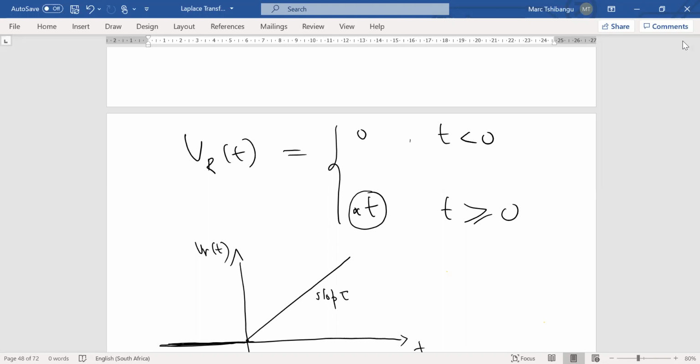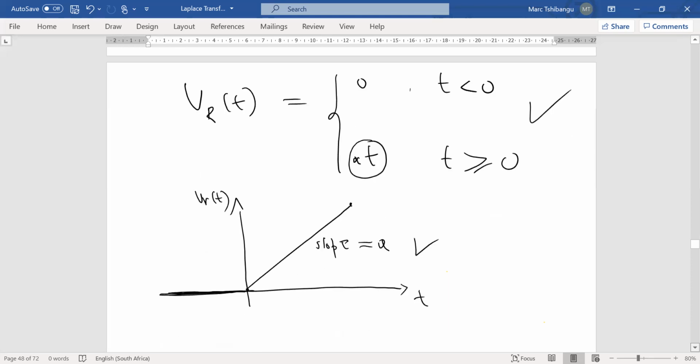So we say that when t is greater than or equal to 0, u_R(t) is equal to a t. This is a linear function, and the slope is equal to a. In some instances, the end of the slope could mean the valve is fully open or we've reached the desired value. So this is the graphical representation of this function. Again, the function u_R(t) is a deviation variable.